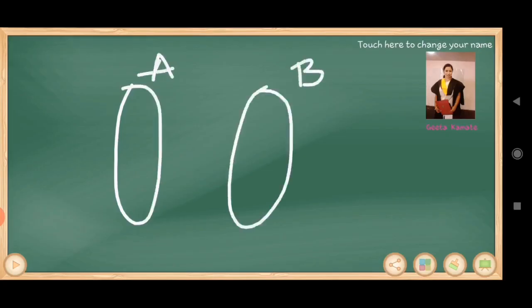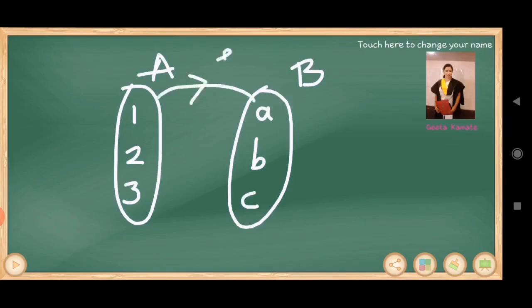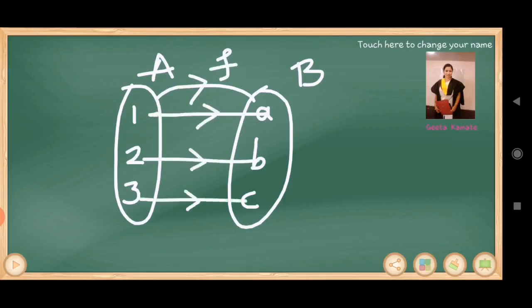In set A we have the elements 1, 2, 3. In set B we have the elements A, B and C. Now suppose f is a function from set A to set B, where 1 is related to A, 2 is related to B and 3 is related to C. Here in this function the domain is set A with the elements 1, 2 and 3.